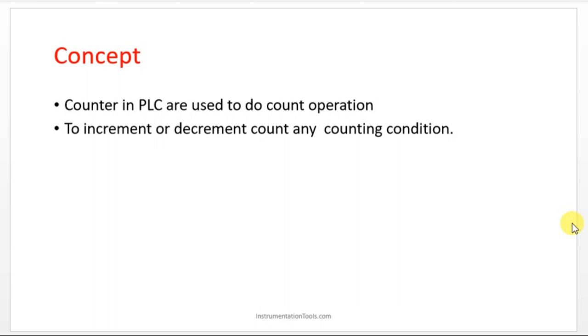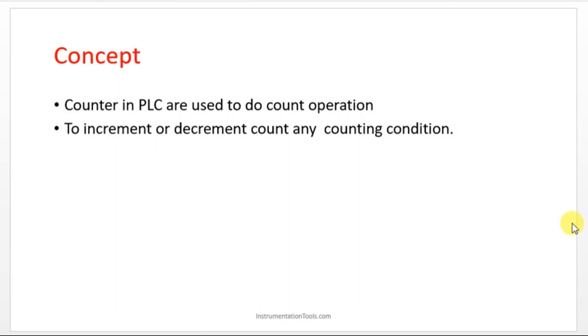It will count. The best example I can tell is packaging in industry, maybe in the food industry or some production industry, where they want to count the number of components passing on the conveyor. In industry, everything is automatic, right? In a minute, there may be 1,000 components crossing on the conveyor.